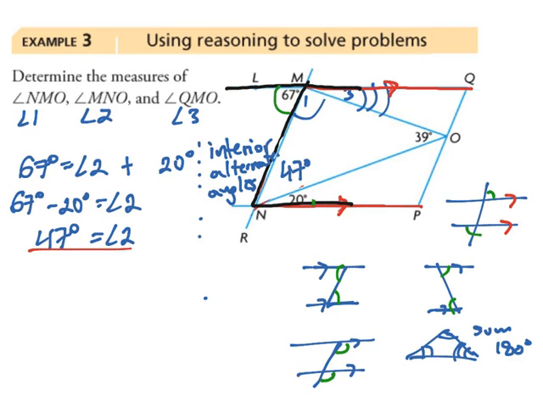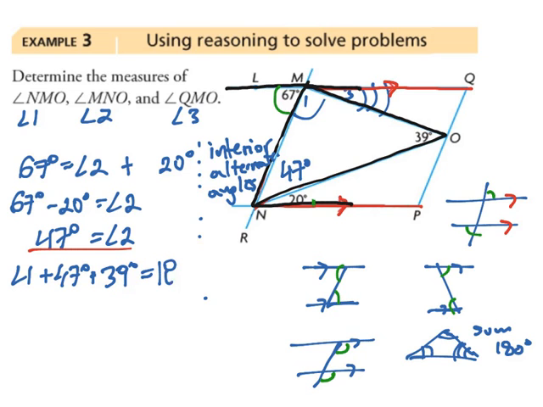Now we can look back at the triangle and say, okay, now we have a triangle with two angles and one missing angle. We can use the definition of a triangle to find that missing angle. So therefore angle 1 plus 47 plus 39 is equivalent to 180 degrees, and that's because of the definition of a triangle.